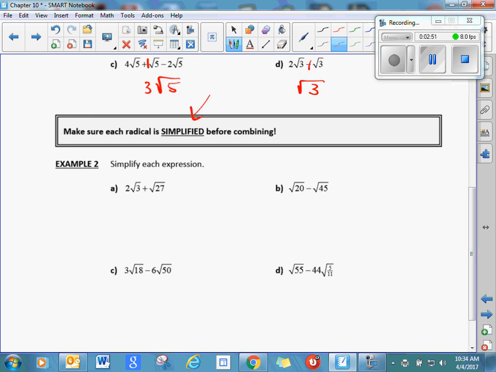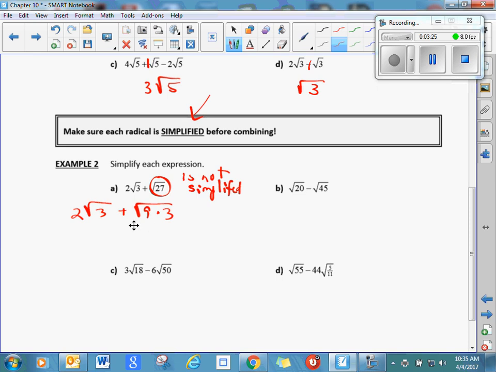Again, before we say we've got our answer, we're going to make sure that everything is simplified underneath the radical sign. So on first blush, it doesn't look like we can do anything. Radical 3 and radical 27 do not have the same radicand. And you might say, well, I can't do anything, and that's my answer. But radical 27 is not simplified yet. So it is going to be thought of as radical 9 times 3.